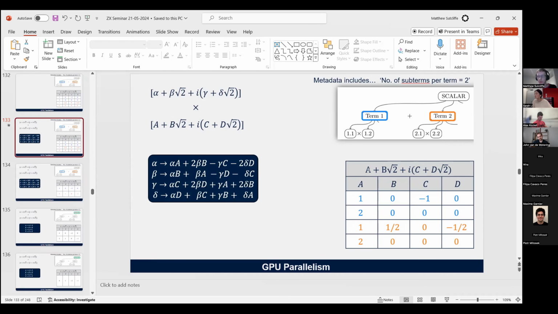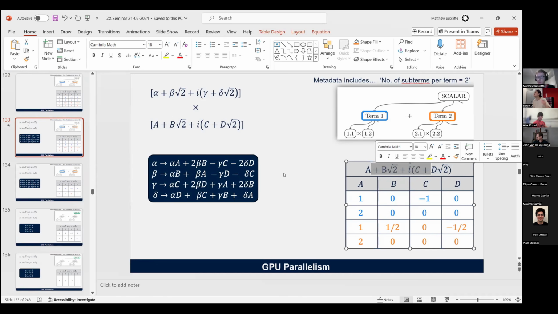So we just store what's the constant part, what's the coefficient of root 2, what's the coefficient of i, and so on. This way, we're just storing it as 4 small numbers rather than dealing with storing root 2s and these long floats or whatever. It's just a neat way to represent the scalars.